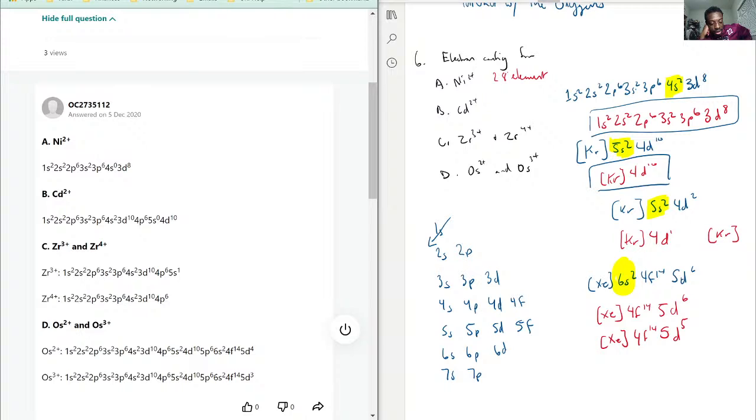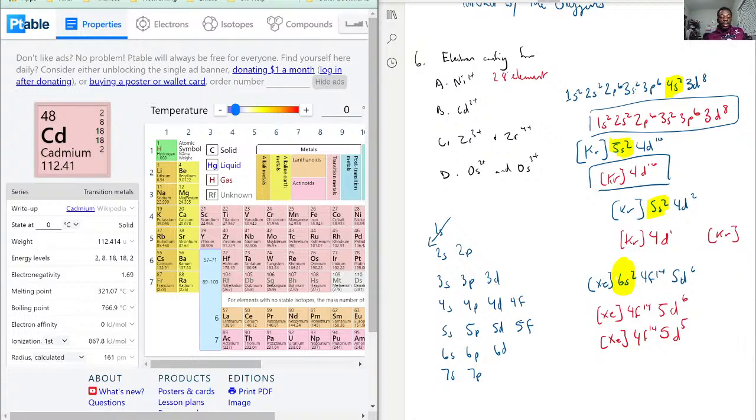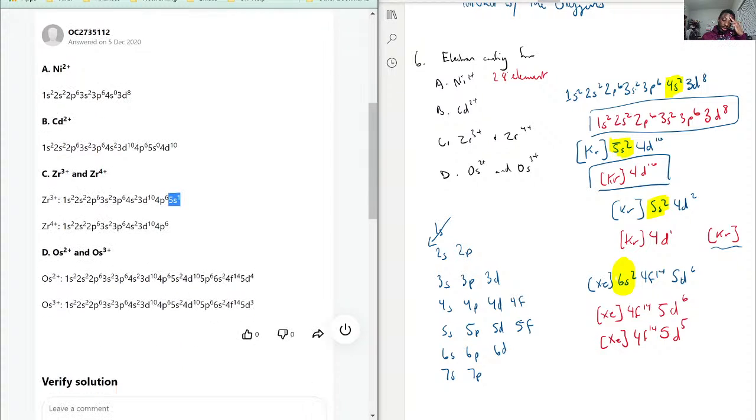But at least for the 4 plus, both of ours are the same, but that's only because they got rid of both the d orbital, which is the 2 there, and the 5s orbital, which is the other 2, hence how we could just get this as the next answer. In regards to why they kept their s instead of their d orbital, which is a 4d1, that one's a little bit of a mystery.